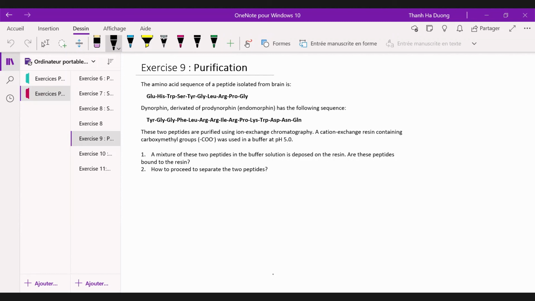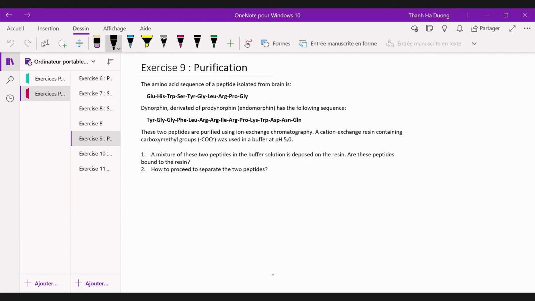It means that the beads are negatively charged. Okay, and we have a buffer at pH 5. You have to tell me, are these peptides bound to the resin?